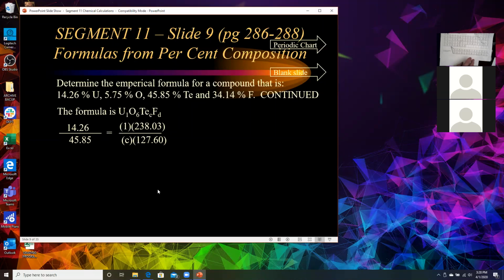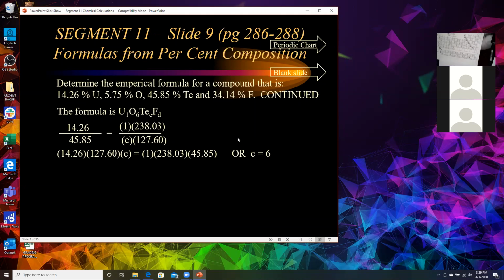If you find tellurium on the periodic chart, its atomic weight is 127.6. Oops, transposed digits again. Okay, but there it is right there. All right, and now we cross multiply, solve for C. C is 6. So now I know 3 of my subscripts, U1, O6, Te6, but I don't know what the subscript for fluorine is.